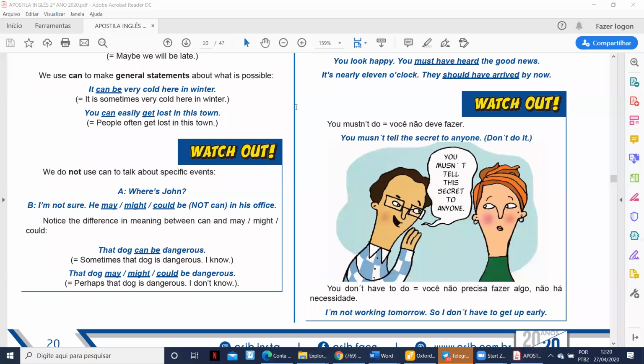So, for example, must is a synonym of have to. Yeah. So, for example, I can say you must attend the classes. It's an obligation. You are a student and you must attend the classes. Or I could say you have to attend the classes.